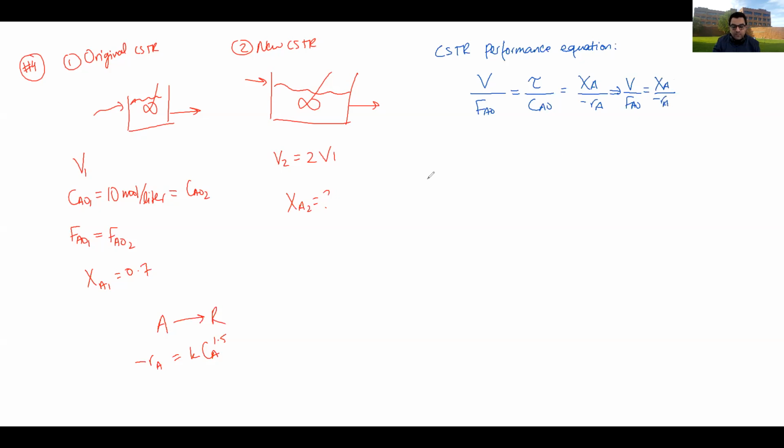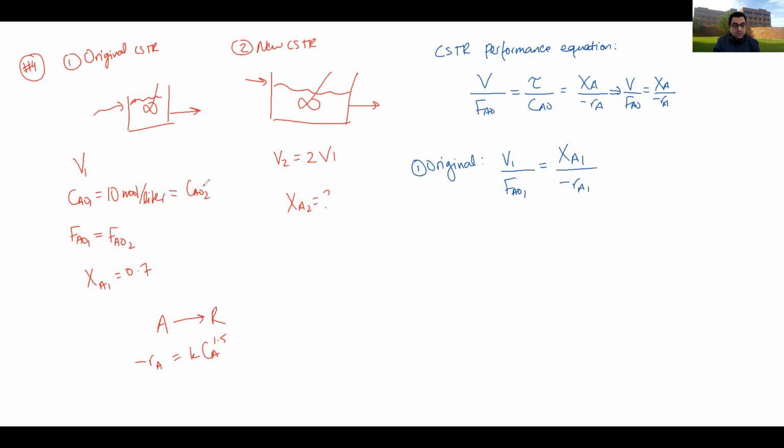Let's plug in these parameters for both the original and the new. For the original case, I have V1 over FA0,1 is equal to XA1 over minus rA1. Before plugging in the expression, let's rewrite it in terms of CA0, because this is the parameter I'm given.